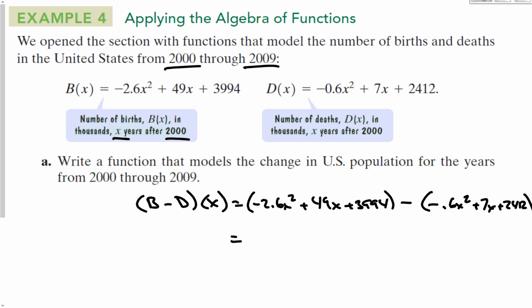And if we add these together and subtract, I would get negative 2x squared plus 42x plus 1582. Okay. So this models the change in population for X years after 2000.